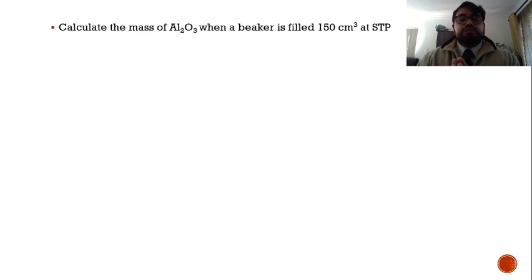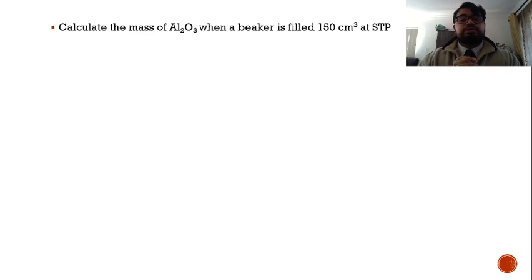Now we have to convert that centimeter cube to decimeter cube, because that is the unit we use for volume. We have 150 centimeter cube, and centimeter cube is the equivalent of a milliliter, and decimeter cube is the equivalent of a liter.